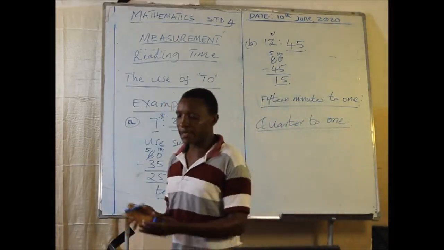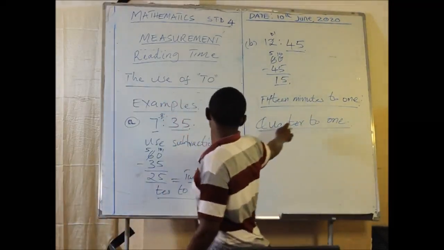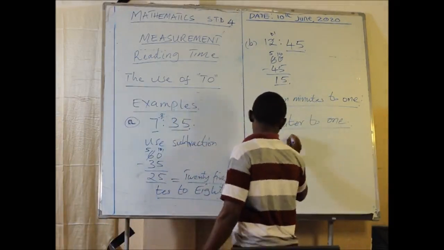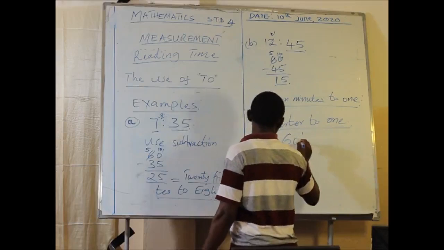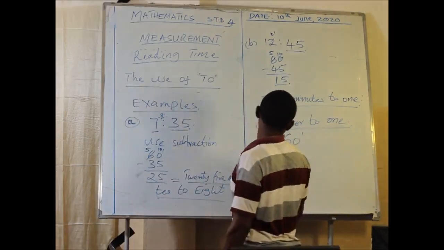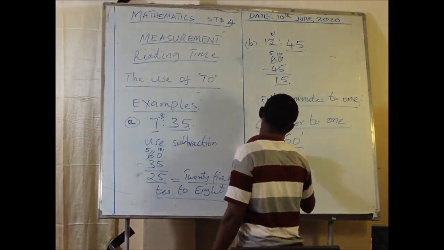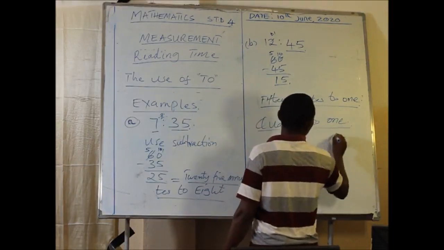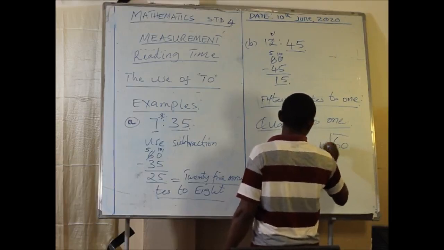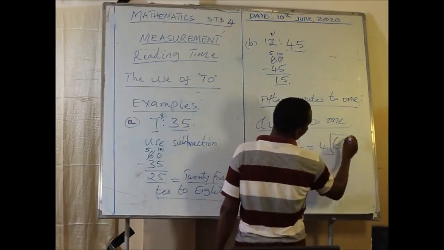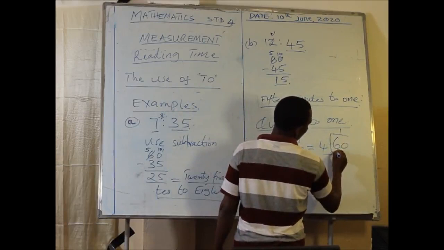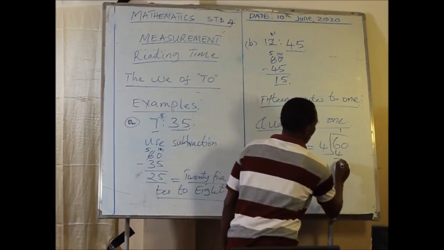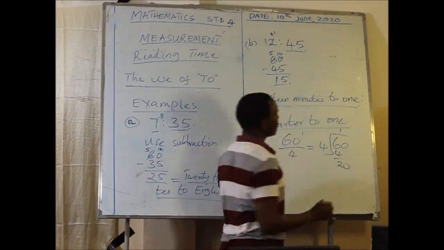Let me show you why this one, whoever has written it as quarter to 1, is correct. If you take 60 as one hour and divide it by 4, you take 60 divided by 4, whereby you get 1 here, 4, then remaining 20.